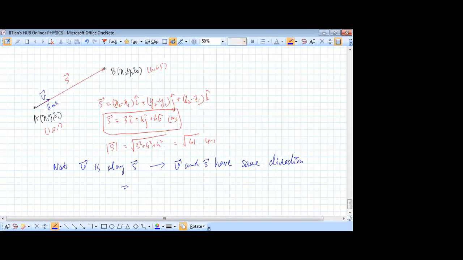So that means that the unit vector of velocity should be equal to the unit vector of displacement, where this concept is such that A cap is the unit vector which is along the vector. So use this concept over here and try to come up with the velocity vector.